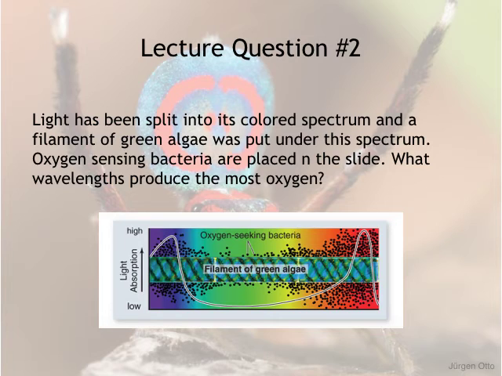And then you add oxygen-sensing bacteria, so bacteria that love oxygen, that move to areas of more oxygen. So you tell me what wavelengths of light produce the most oxygen. And you can see here that the violet blue wavelengths and the orange red wavelengths produce more oxygen, and you see a dip there of the light absorption.